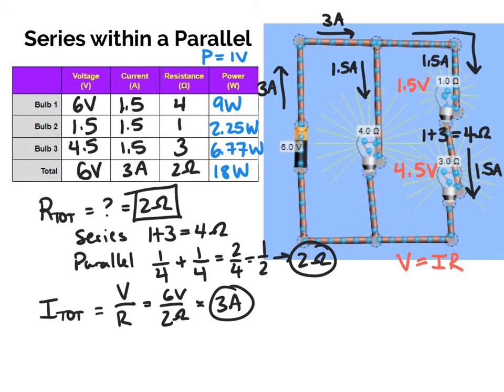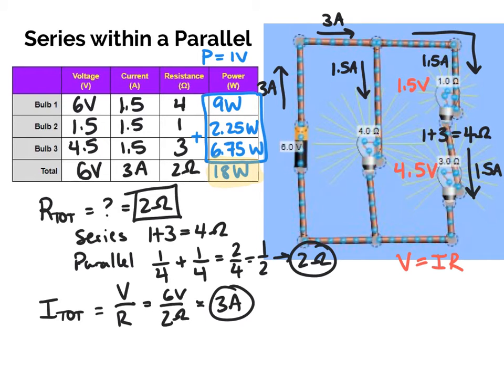So when I look at my power ratings, notice I have 9 watts for the first bulb, 2.25, 6.75. I'm sorry, I made a mistake there, that should be 6.75 watts. And notice my total is 18 watts. Why this is important is because if I take the wattage from all of the components within my circuit, 9 plus 2.25 plus 6.75, notice what I get is 18 watts.